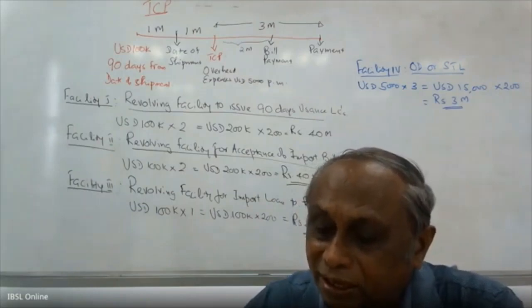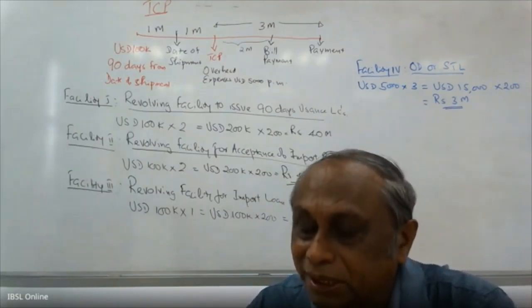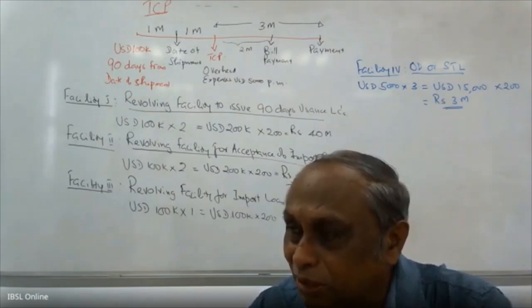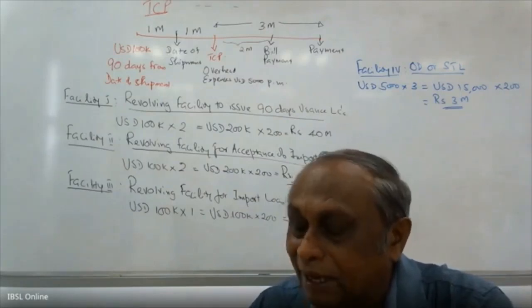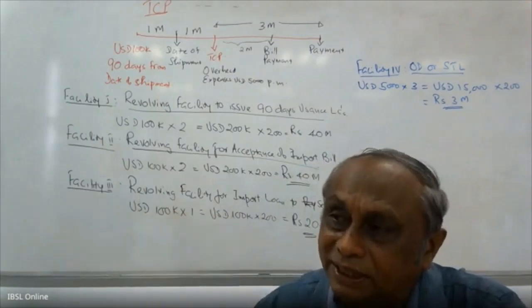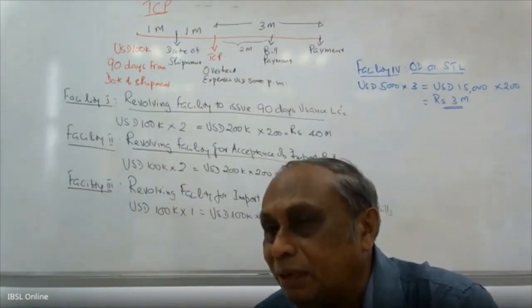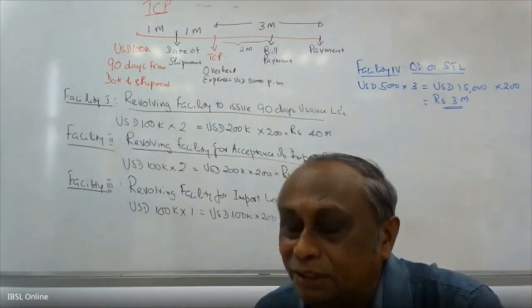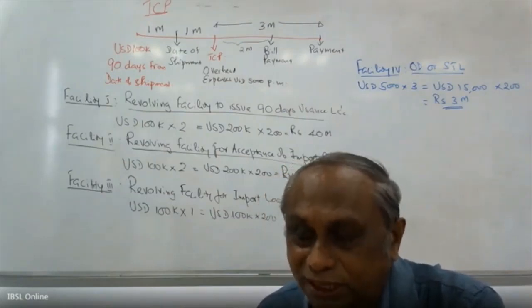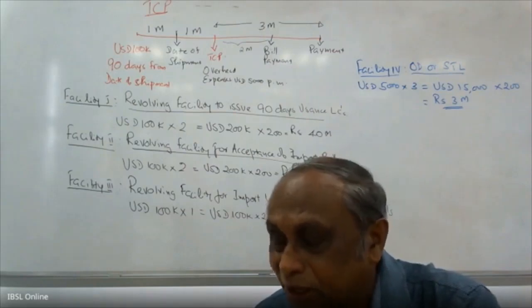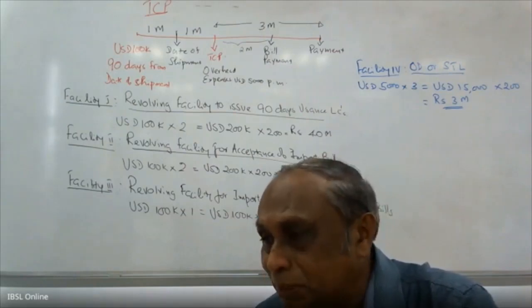Because if you say BL to be consigned to the bank, they can send 2 original BLs to the bank, and if they send the third original direct to the exporter, the exporter can go to the port and clear the goods without settling the bill. So it's very important.